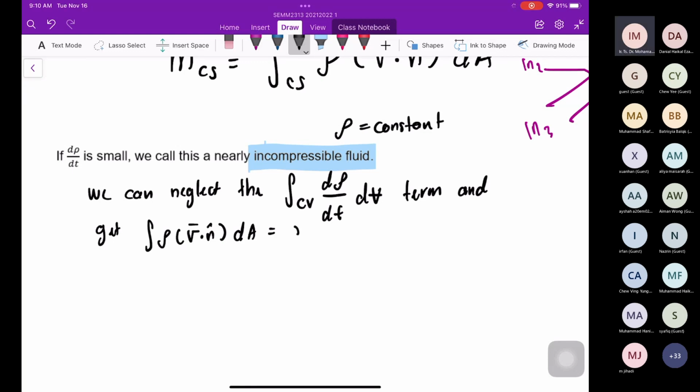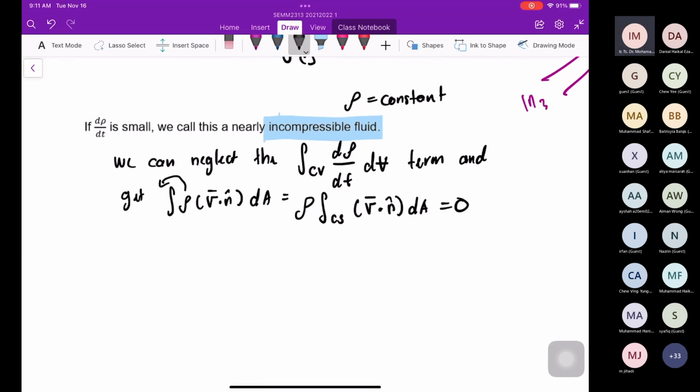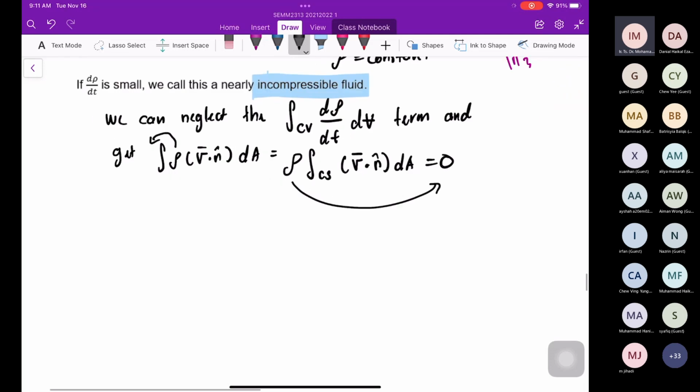So now it will become the control surface integral. The density we move outside because it is constant. So rho times the control surface integral of V dot n dA equals 0. From here, V we move outside.